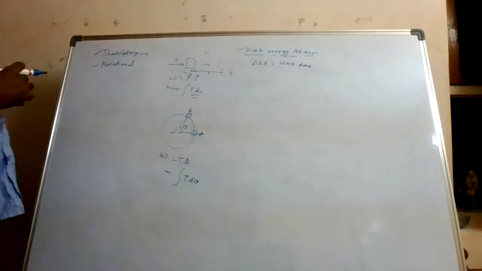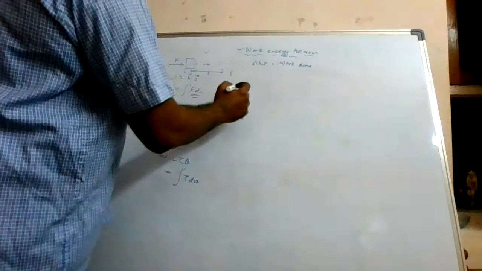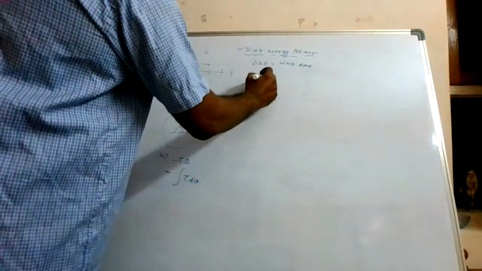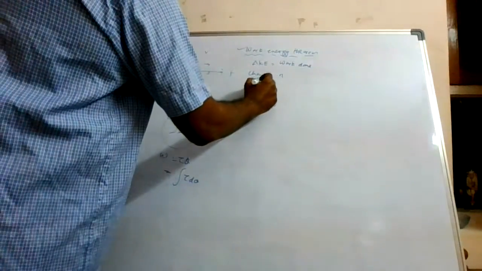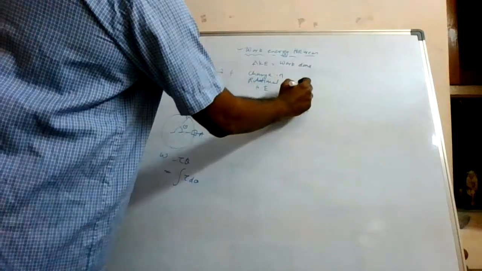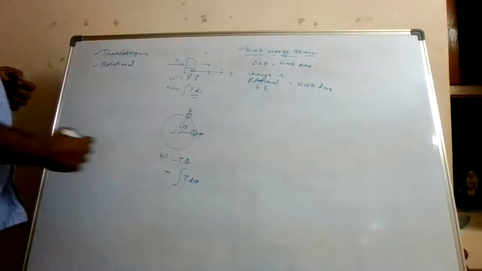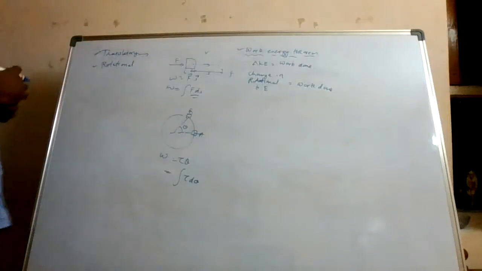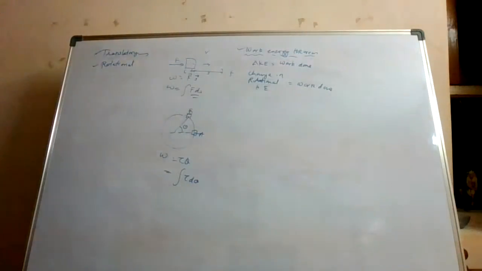Is it true in rotational motion? It is true in rotational motion also. Here also it will be change in kinetic energy, but change in which kinetic energy? Change in rotational kinetic energy is equal to work done. What is the meaning of it? From here to here, the object traversed in a circular path.